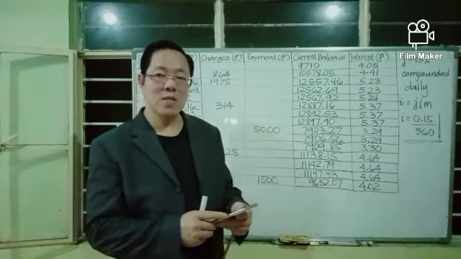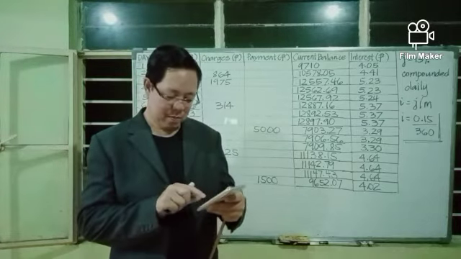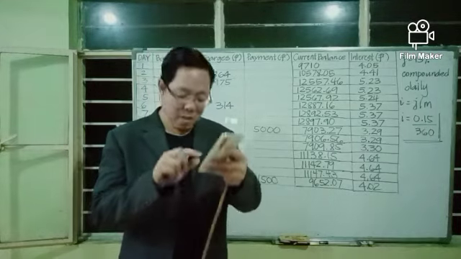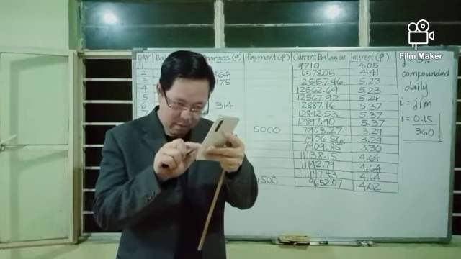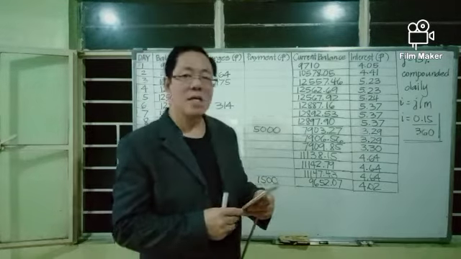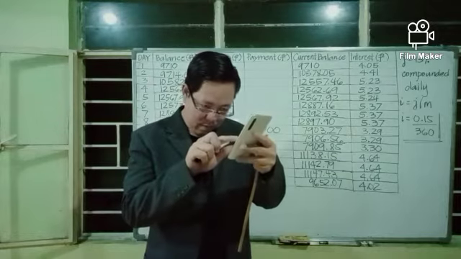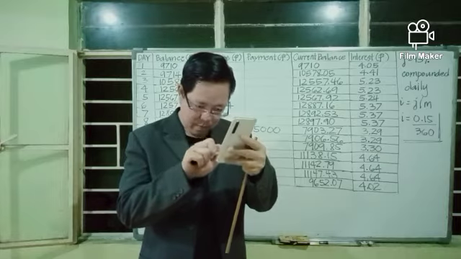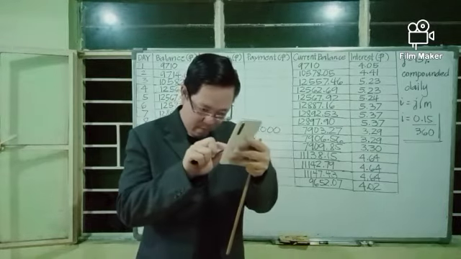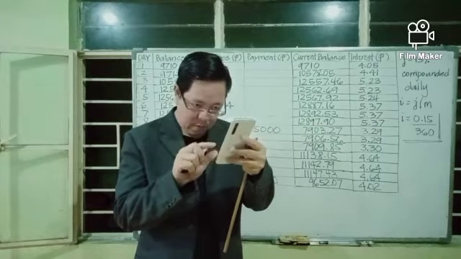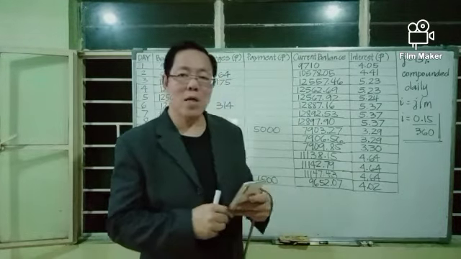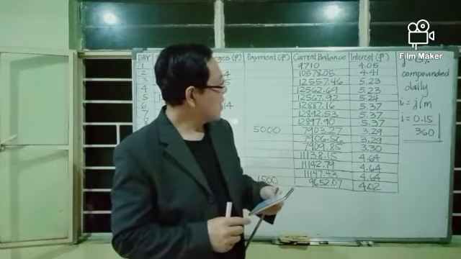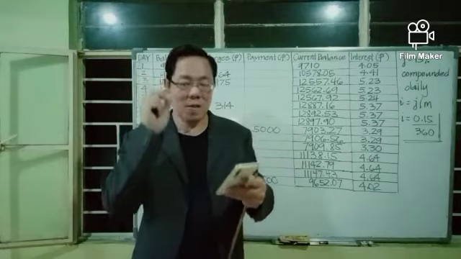We start with 4.05 plus 4.41 plus 5.23 is added twice. Plus 5.24 plus 5.37 is added 3 times.